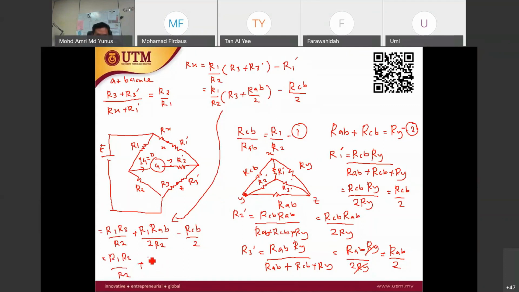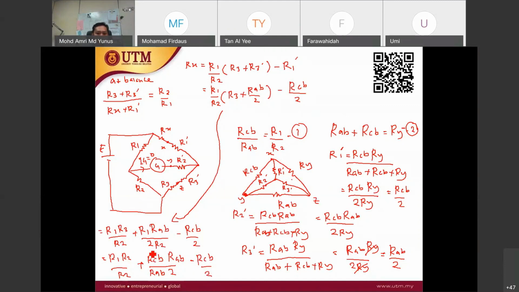So here RCB over RAB, 2 multiplied by RAB minus RCB over 2.